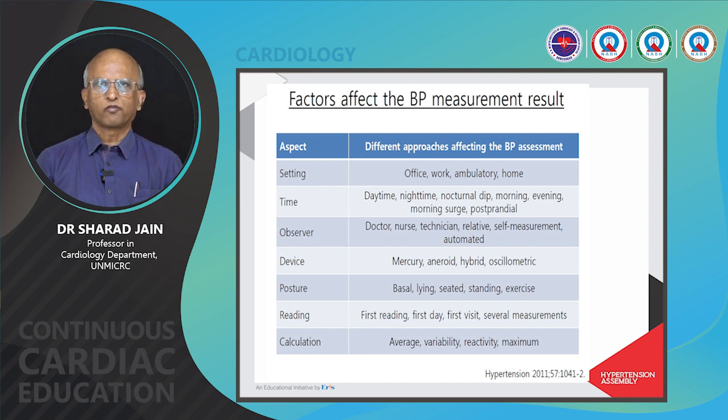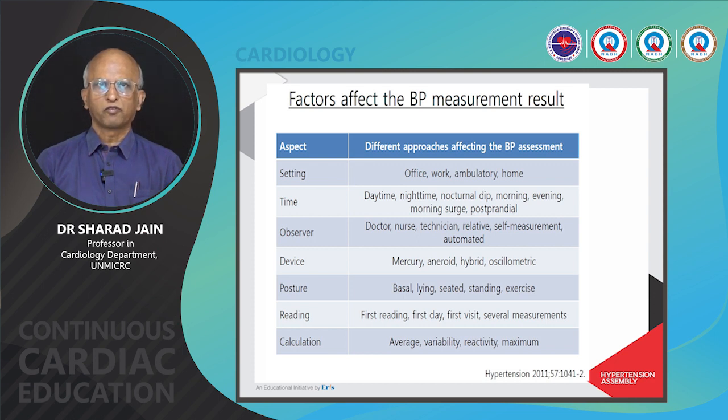So, factors which affect the blood pressure measurement result are: the setting, whether the patient is in the office, workplace, ambulatory or home; the time it is taken, daytime or night time, the nocturnal dip, which is the dip in blood pressure during sleeping, and the morning surge; then the observer, whether the person taking blood pressure is a doctor, nurse, technician, or relative, or it is self measurement by an automated instrument.